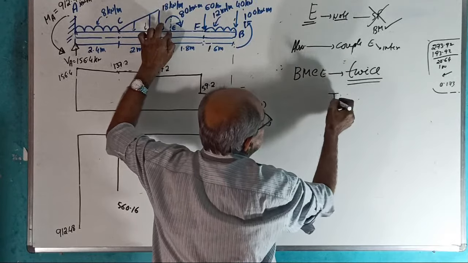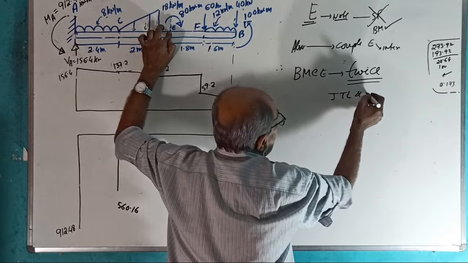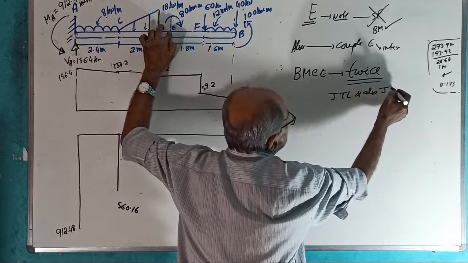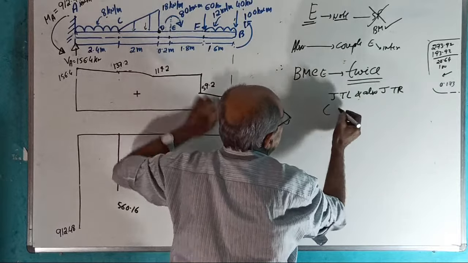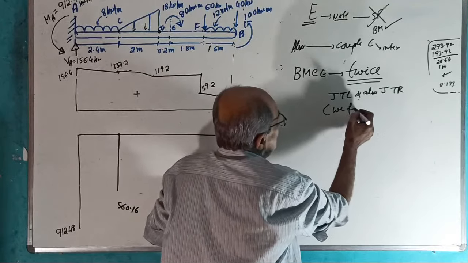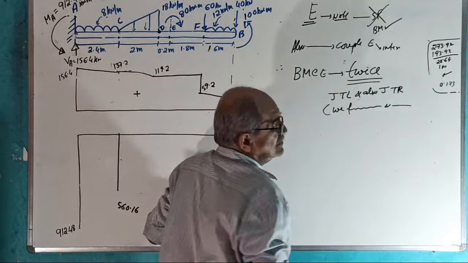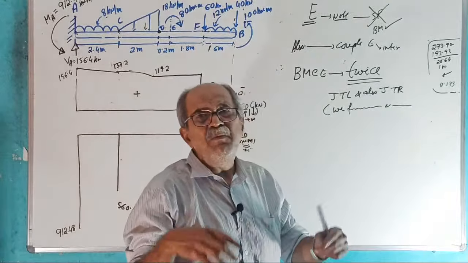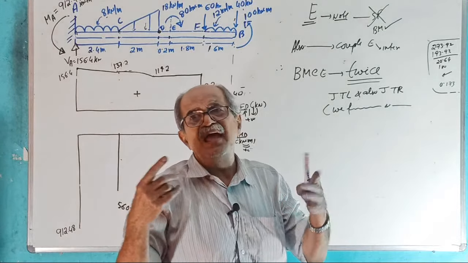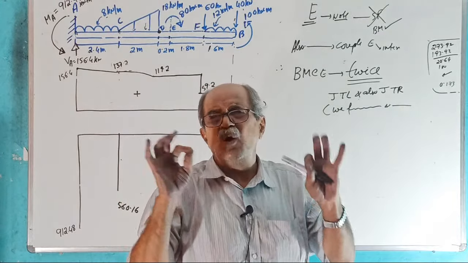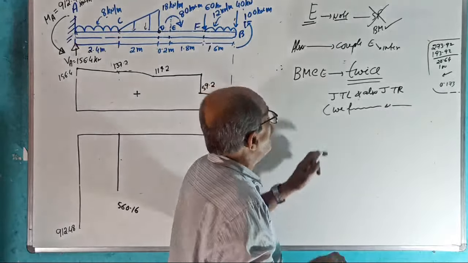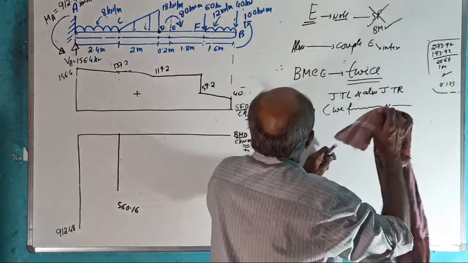Twice means just to the left and also just to the right. In the bracket, we can find any one first, then the other. These were all thoroughly told to you earlier. So now I will go for option 1.